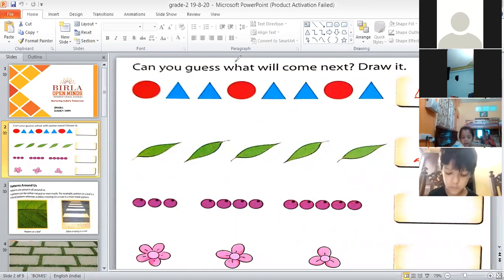Again, we'll count and write. In the first one, how many circles are there? 3 are there. In the next one, 1, 2, 3, 4 are there. After that, 1, 2, 3, 4, 5. 5 circles are there.